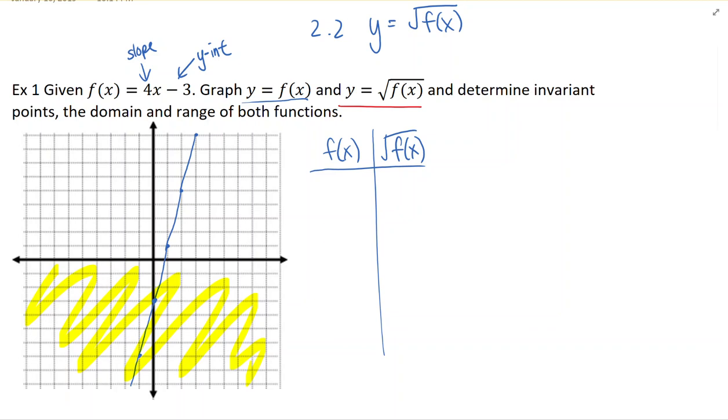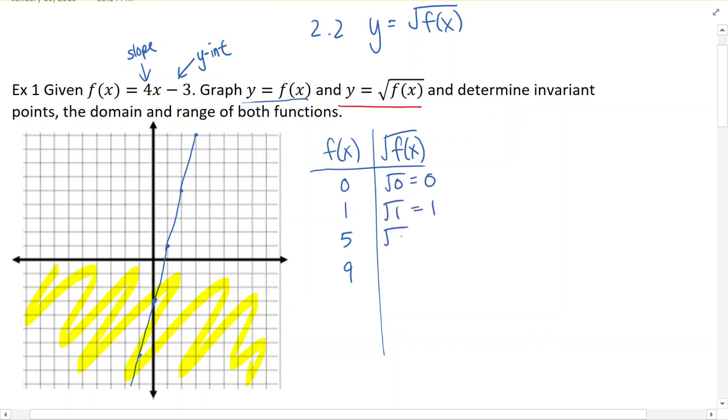Now let's put in some points that I'm going to be square rooting. I'm going to start with just 0, and then 1, and then square root 5, and then we'll square root 9 as well. Okay, so square root of 0 is just 0, square root of 1 is just 1, square root of 5 is 2.236-ish, and square root of 9 is 3.